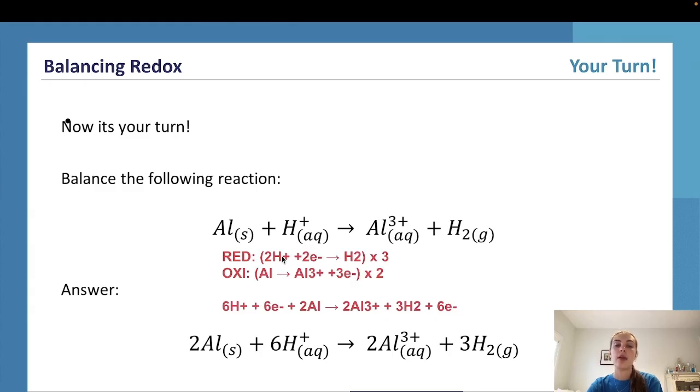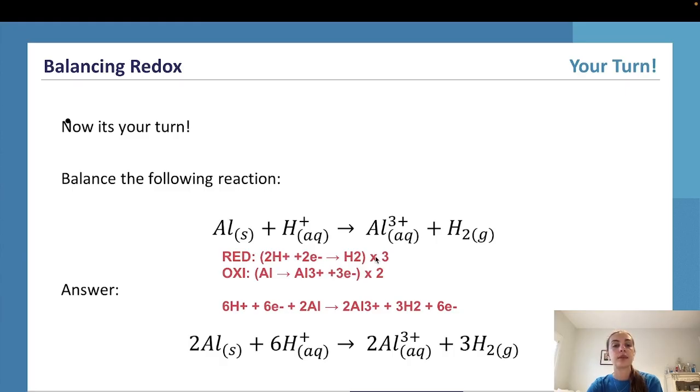So we can write out 2H plus 2 electrons makes H2, and aluminium makes aluminium 3 plus 3 electrons, and so that's our 2 separate equations. But remembering that we've got a transference of 2 electrons in the hydrogen reaction, which is our reduction reaction, and a transference of 3 electrons in the aluminium reaction, which is oxidation.